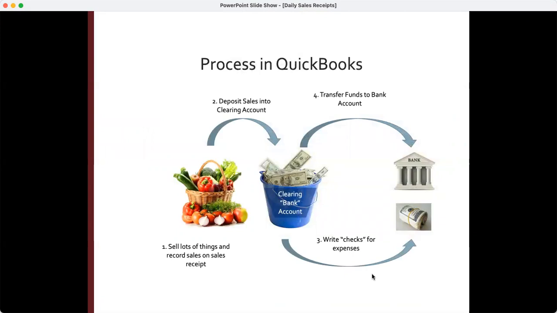So basically what's going on is that you're selling lots of things at the farmer's market, and you're selling squash and peppers and broccoli and tomatoes and apples, and perhaps not all in the same season, but you're selling all of these things. And you want to track that you sold the zucchini and you sold the peppers and you sold the broccoli. And then you receive all this money, and then all this money goes into your bank, and it goes into your bank in the form of cash. It goes into your bank from credit card, direct deposits.